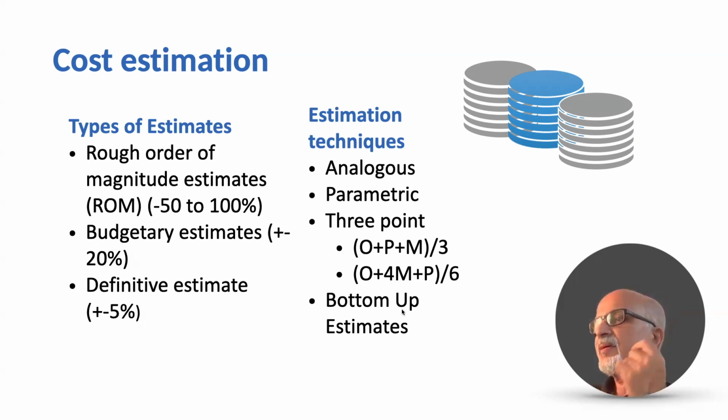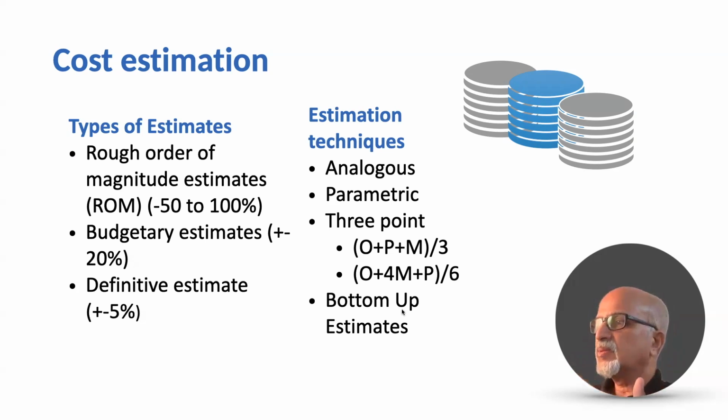Then we have a bottom-up estimation. In the previous slide, we saw the work breakdown structure, work packages, and the work packages are broken down into activities. And once we know the activities, it is a good idea to estimate the activities and then add it up and see whether it matches with the work package level estimate.